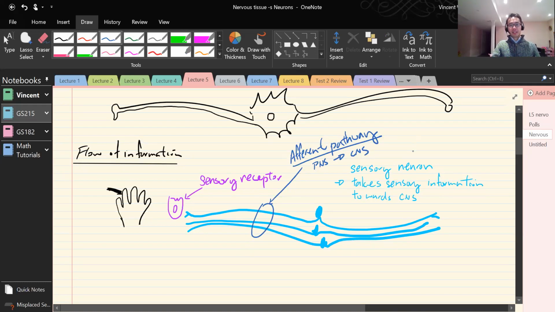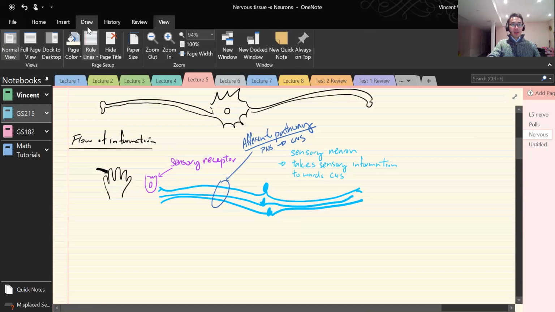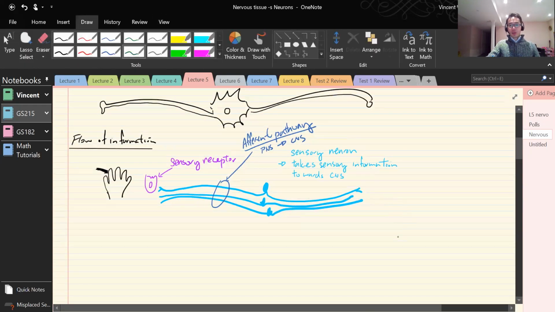All right. The same thing's going to happen. This could be your eyeballs. If it's your eyeballs, then the sensory receptor will be detecting light. And then that information will also be carried through the sensory neuron, but the type of information would be light. Then it's going to go to your central nervous system, where you're going to have another bipolar neuron right here.